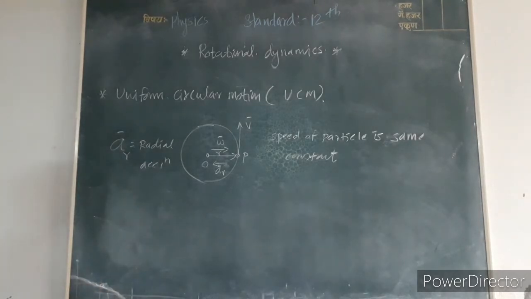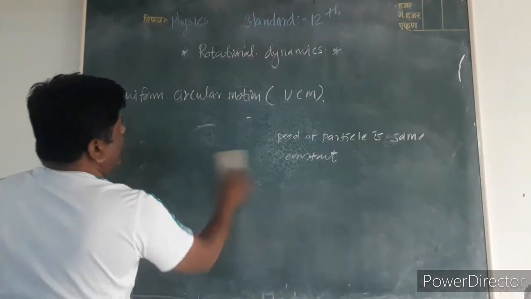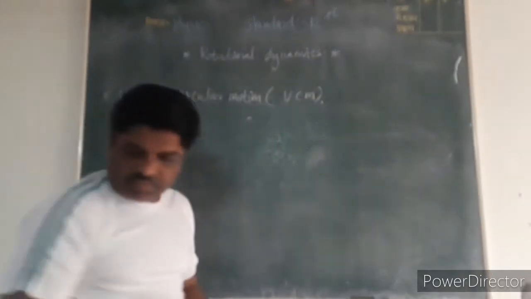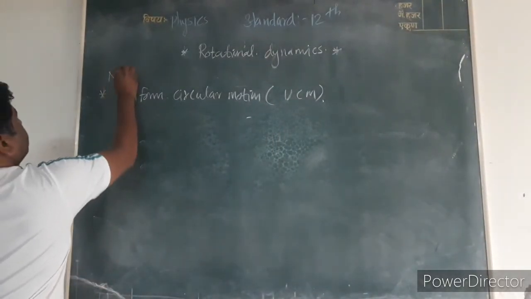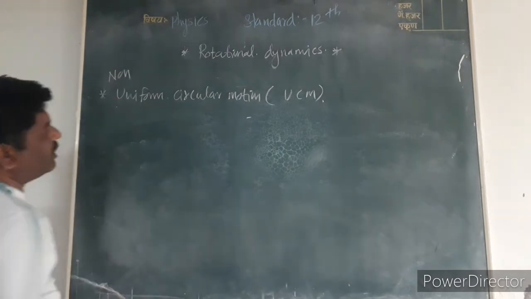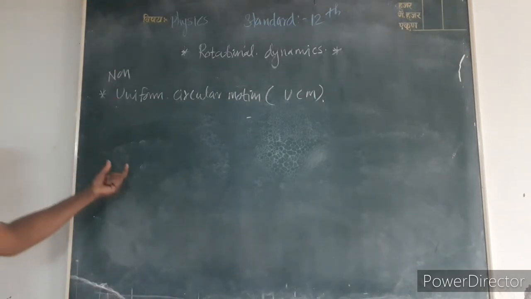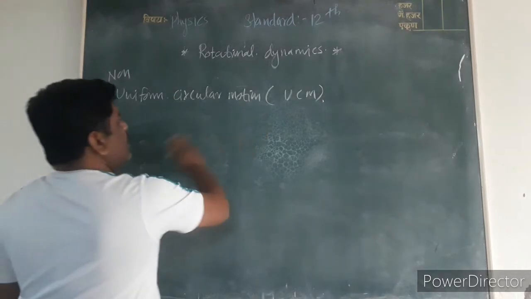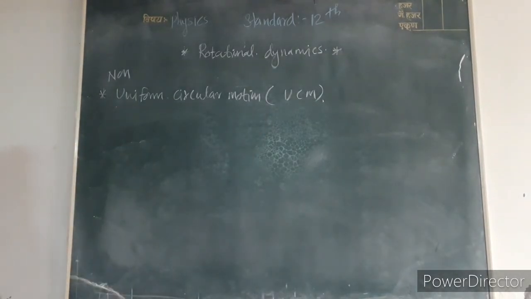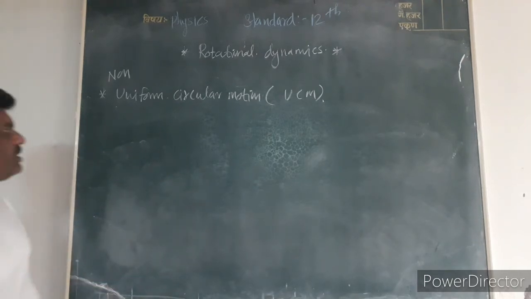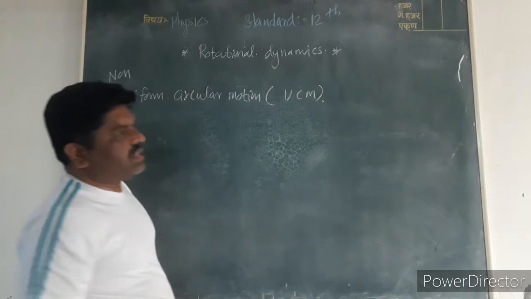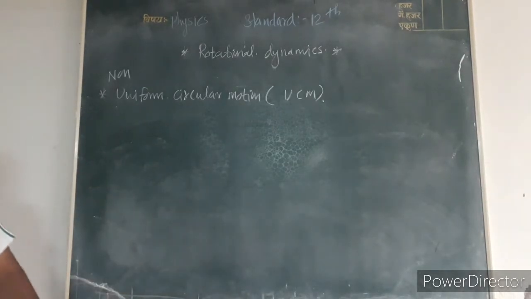Now we define non-uniform circular motion. In non-uniform circular motion, the particle revolves around the circumference of a circle, but its speed is increasing or decreasing.